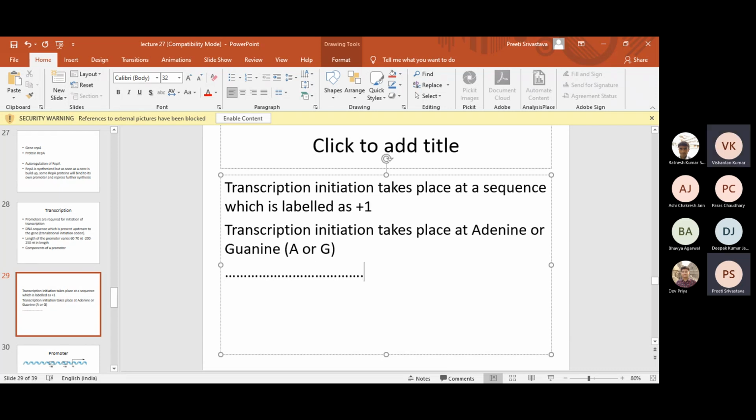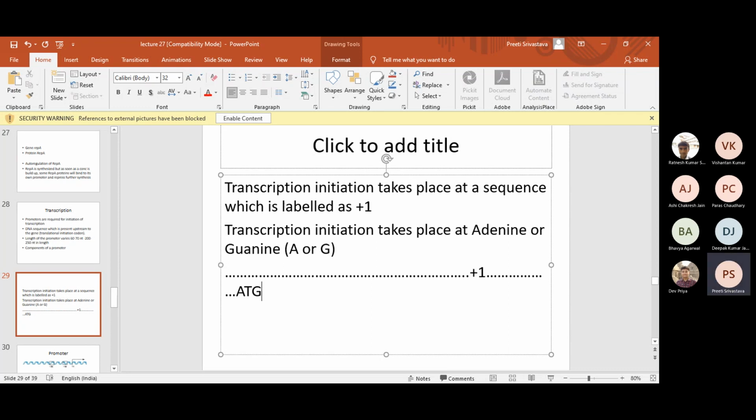Ma'am, we did not study promoters or regulators. We just studied RNA polymerase and how DNA goes to RNA. We just know that by transcription we can get RNA and nothing more. I'm going to show you how to identify the promoter.